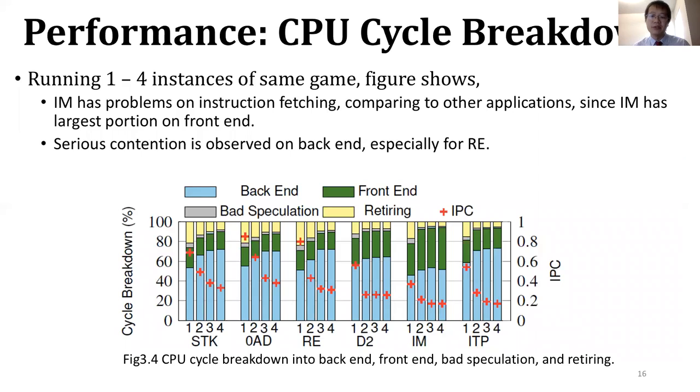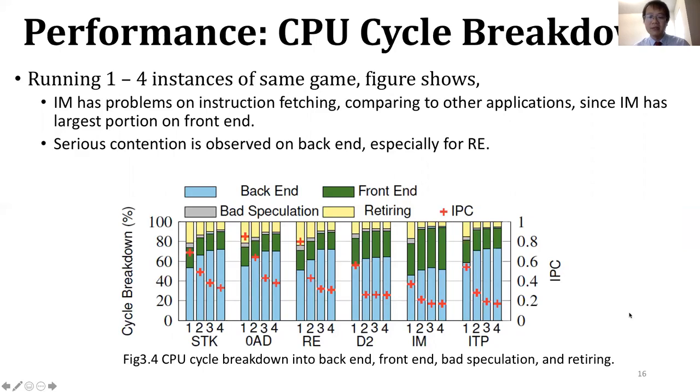This slide shows the CPU cycle breakdown. The x-axis are benchmarks, and the number on the x-axis indicate how many instances of same game are running simultaneously. And the y-axis on the left side is the CPU cycle breakdown, and the y-axis on the right side is IPC, instruction per cycle.